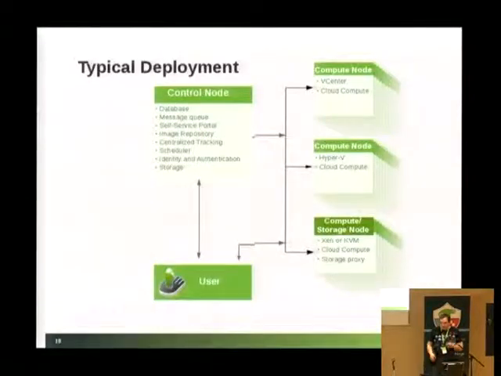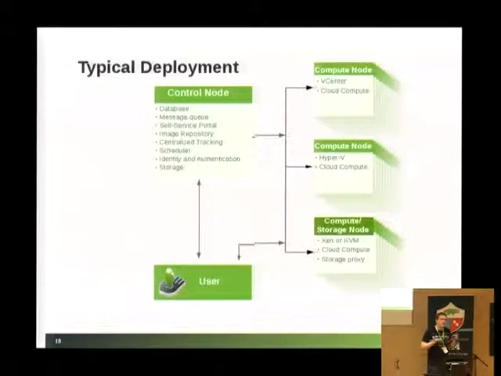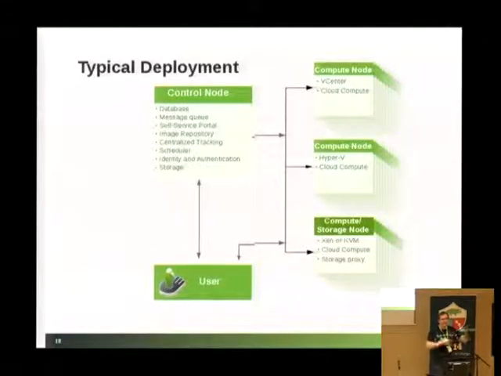So the typical deployment of an OpenStack cloud looks more or less like that. This picture is not really nice, but anyway. You have a user somewhere. You have one control node, which is running all the intelligence of the cloud, so the API servers, the schedulers, and so on.